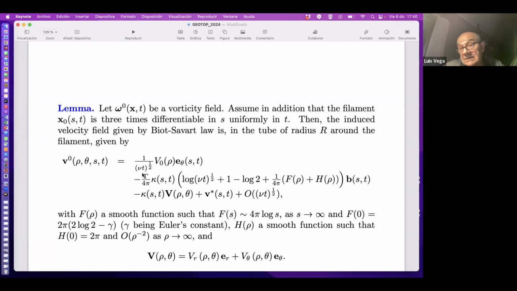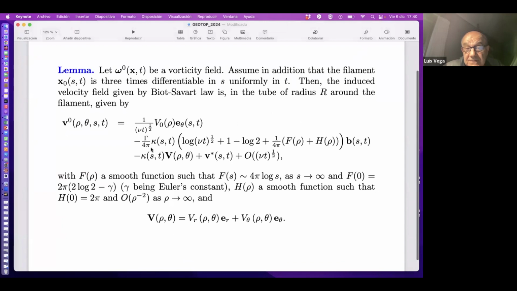Of course, you have integrated once, so the singularity is now better, and it's just the inverse of the square root of nu t. So this is really nothing but the straight filament. The real new information comes with the next term, which is precisely the one you see here.